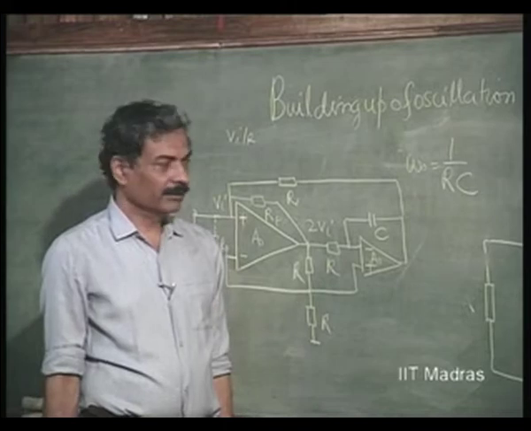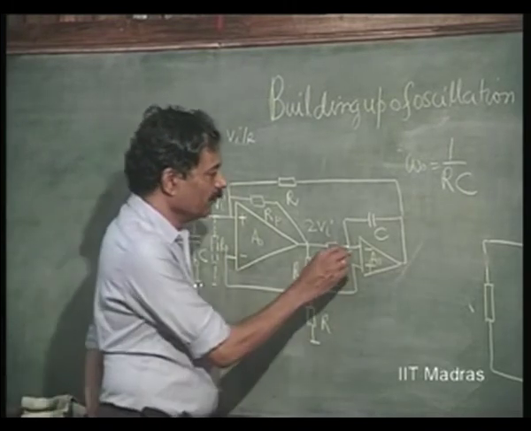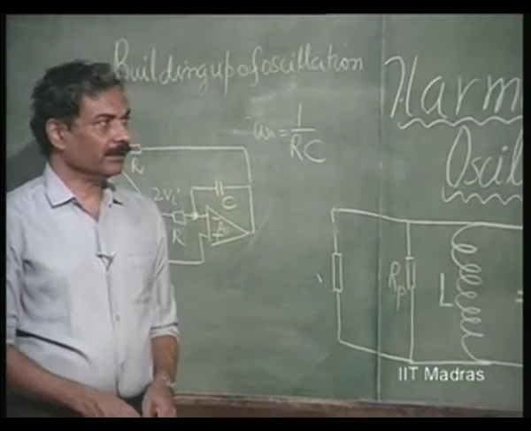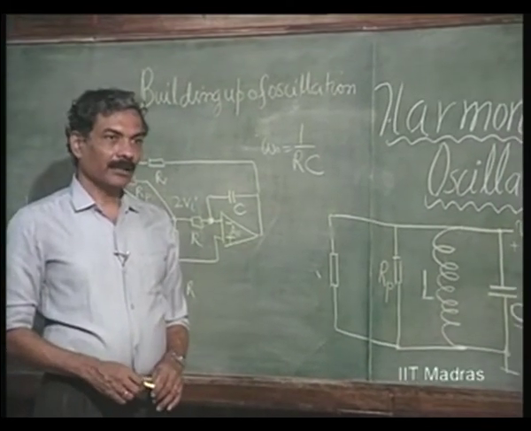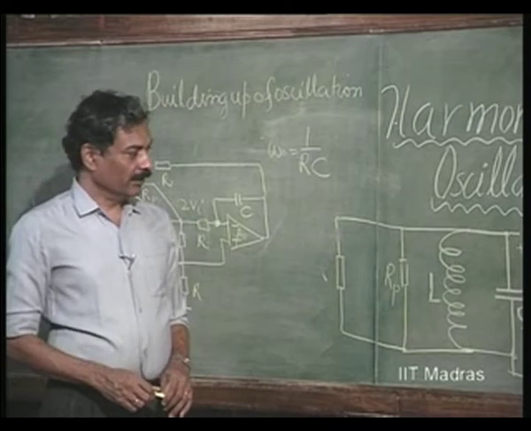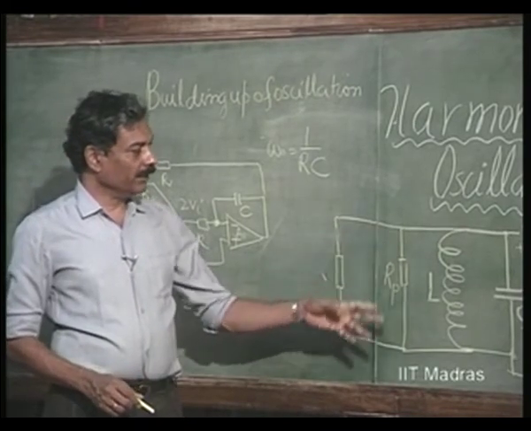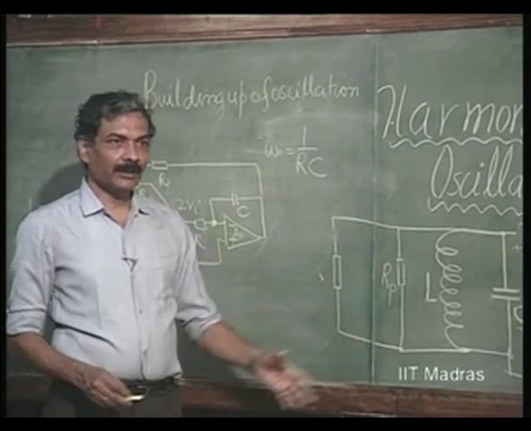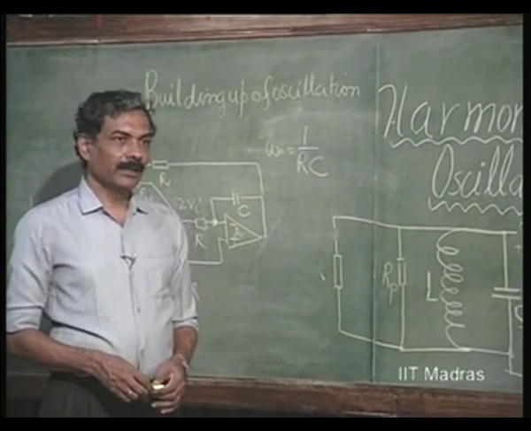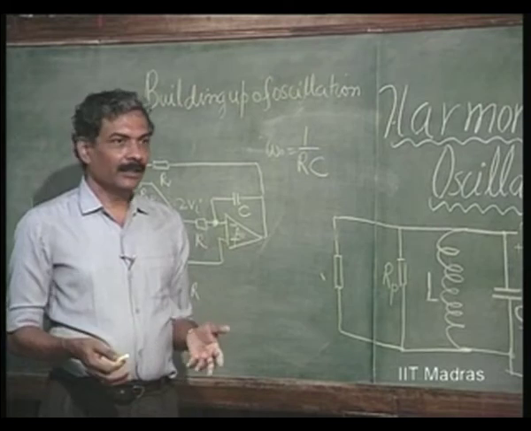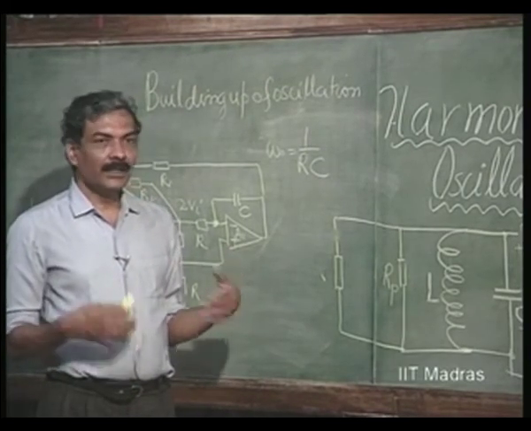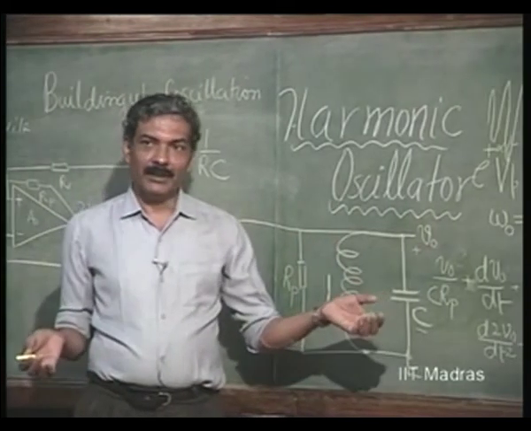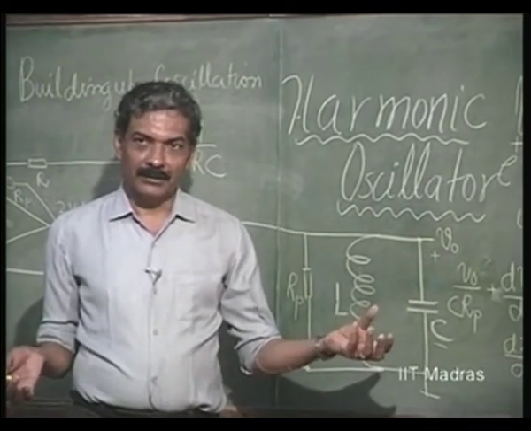So, this is the basic principle of such oscillators. We will discuss in the next class other types of oscillators which can be represented not only in this manner, but also in another manner, that is, as a synthesis of a second order differential equation with dV naught by dt being absent.